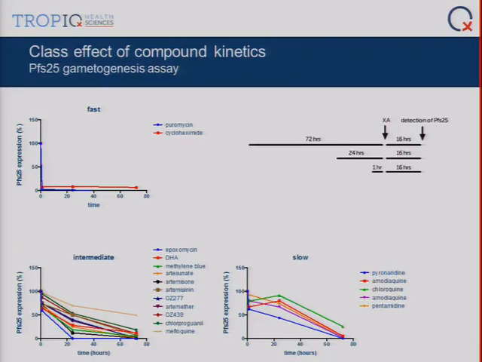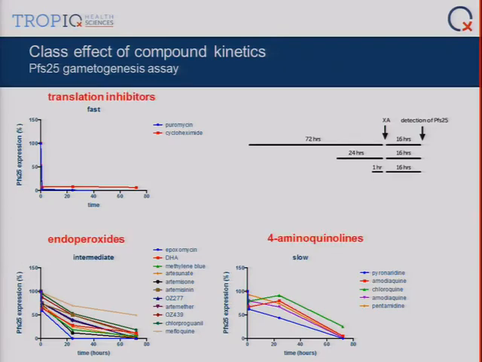An instantaneous response where the expression of PFS25 is almost instantaneously prevented. An intermediate response where the steepest part of the curve is in the first 24 hours. And a slow response where the steepest part is in the area of the curve between 24 and 72 hours.